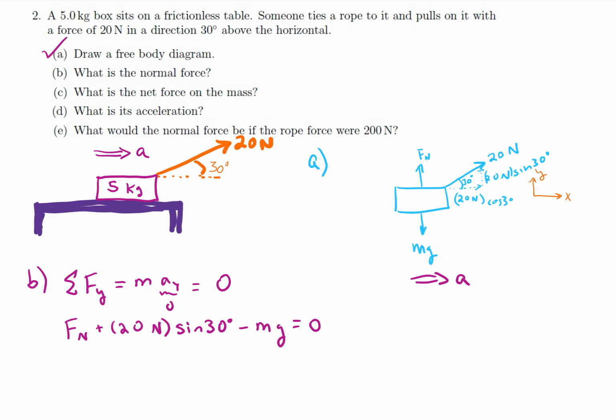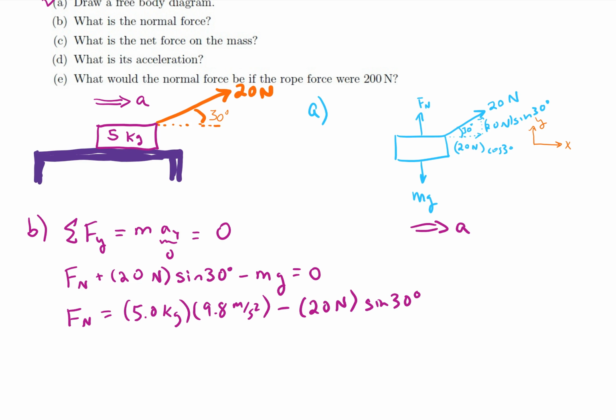Okay, so back down here, we can rearrange this equation and say that the normal force is mg, so that's 5 kilograms times 9.8 meters per second squared, minus 20 newtons times sine of 30 degrees.